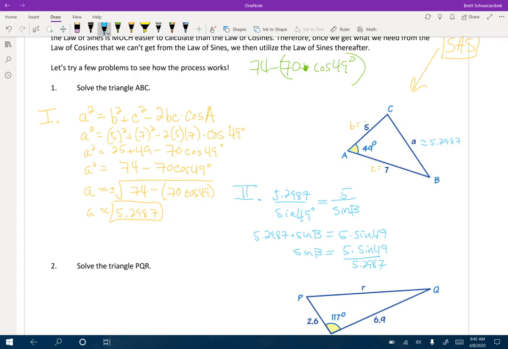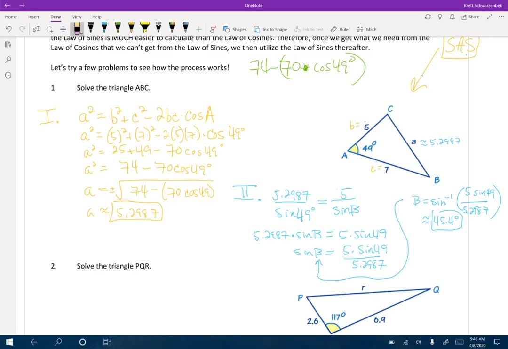So this reaches a point where you should be very familiar with how to find B. The only way to get the angle B is to use the inverse sine function. So this is equivalent to B equals the sine inverse of this entire quantity, 5 sine 49 over 5.2987. So you would type this into the calculator as is, and you will be able to find the missing angle of 45.4 degrees.